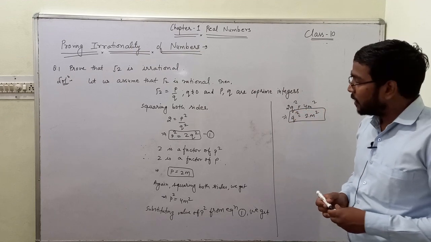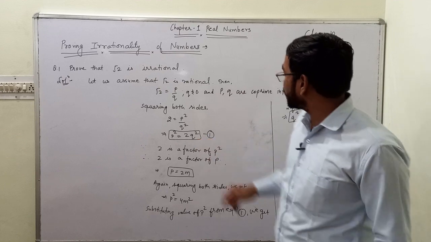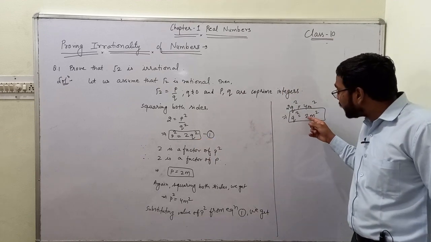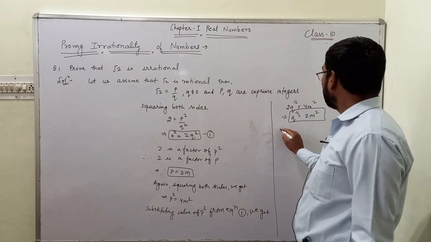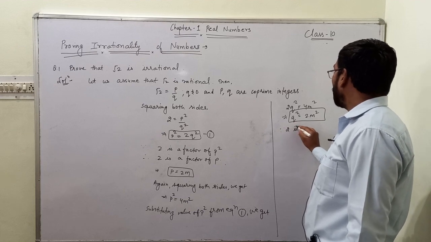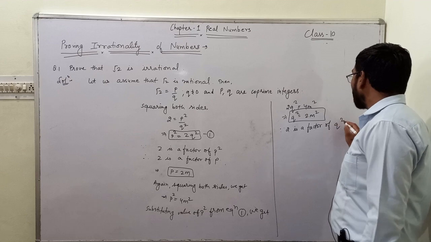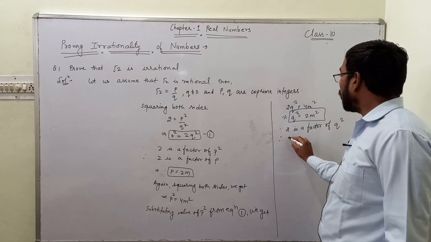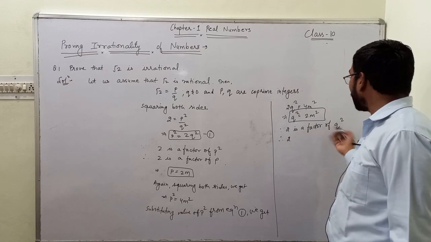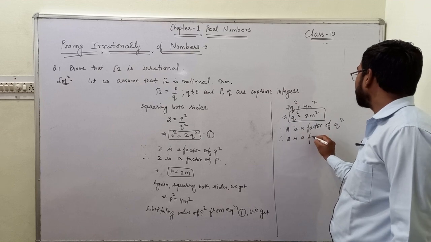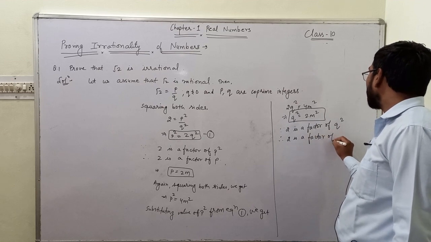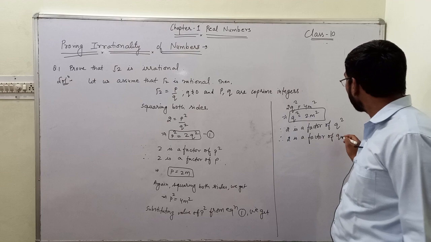Now see, just like the first equation, we can see that 2 is a factor of q square. Since 2 is a factor of q square, 2 will also be a factor of q.